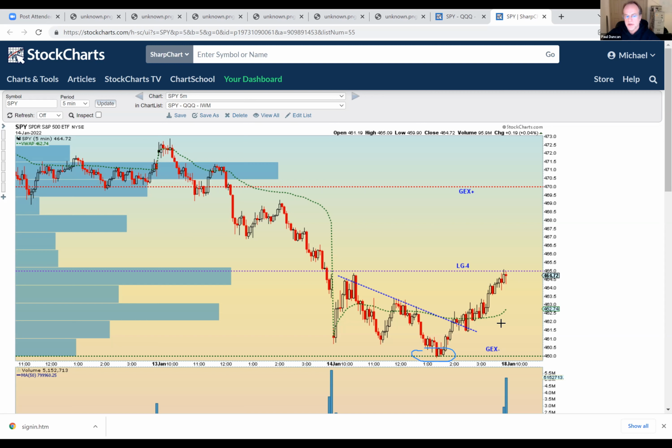No, I just want to highlight what you just said. The fact that we walked into 460, you can see that we tested it several times, had a couple tails or wicks there where it pushed before, but it never closed appreciably below it. That was a key tell for us that we were holding it, and those are 5-minute bars.